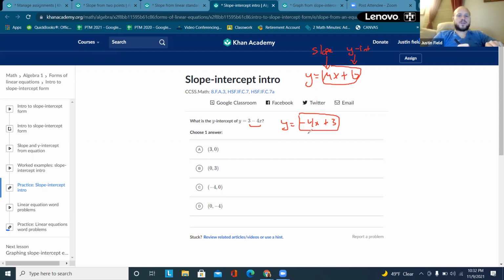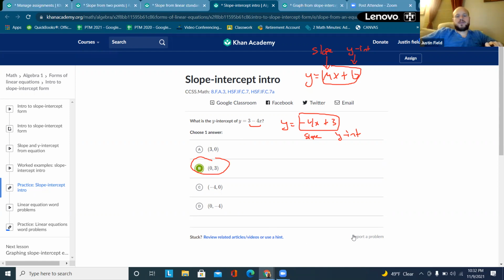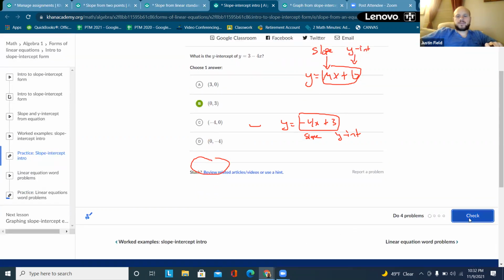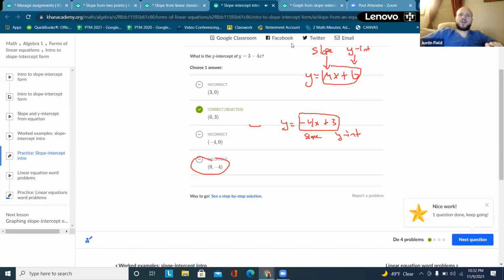So -4 is the slope, and 3 is the y-intercept, right? So what's our y-intercept? 3. So it'd be (0, 3), because we know at the x-intercept, the y is 0. At the y-intercept, the x is 0.